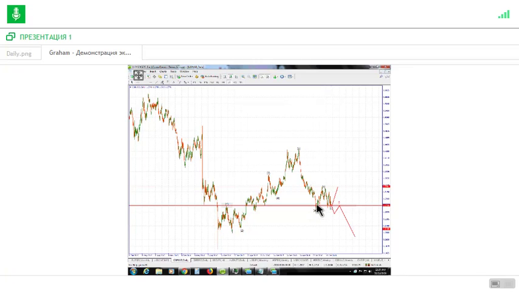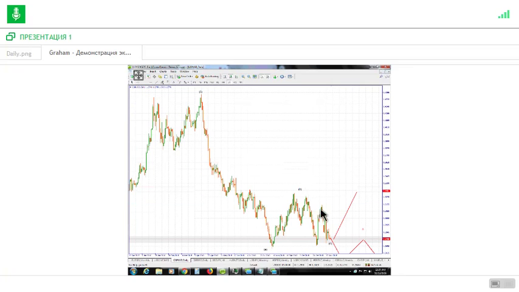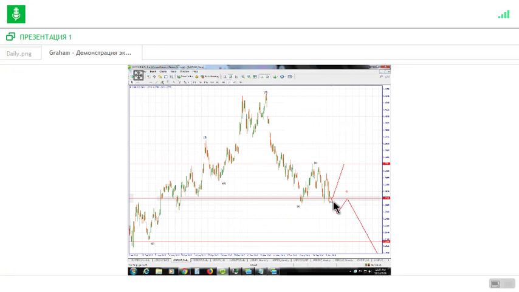Then there's this move up, then price came back to the same place. So this has been a support before. Unless the price breaks below this place like this, we expect a possible bounce from this one to pick a buy trade upwards.